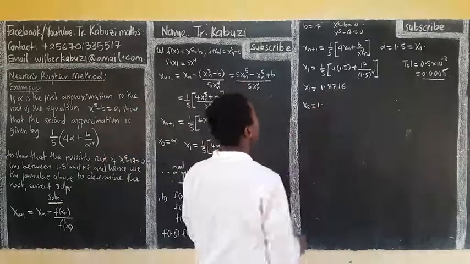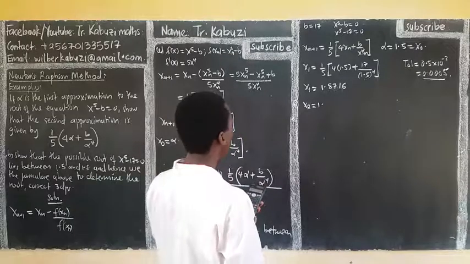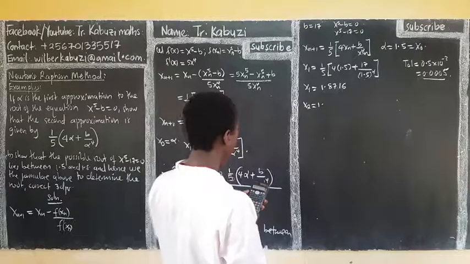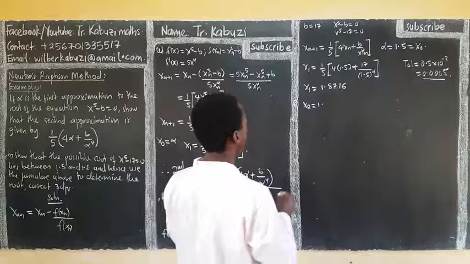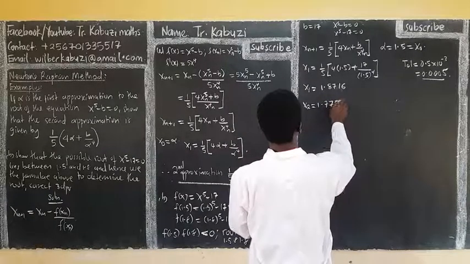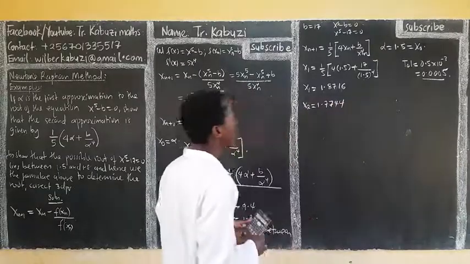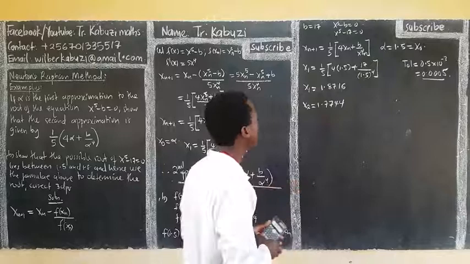Now this is going to be our next root, 1.8716. Press equals. Here, I'm getting 1.7744. So you see that when I get this difference, it's still not less than the tolerance.